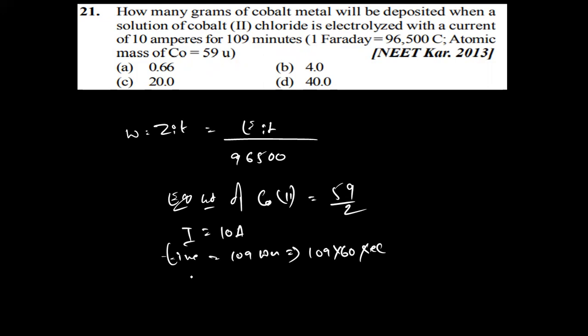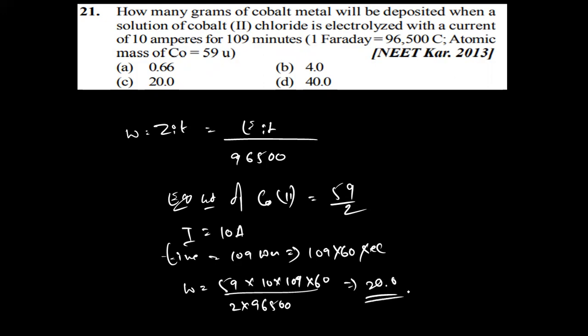So substitute these values in that equation. W is equal to 59 into 10 into 109 into 60 divided by 2 into 96,500. On simplifying, you will get 20. So the correct option for question number 21 is option C, 20.